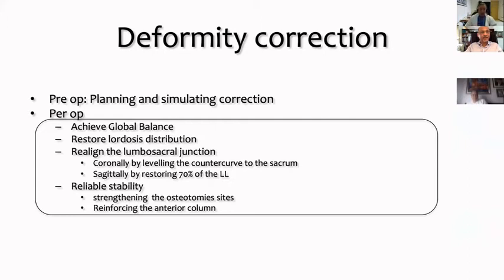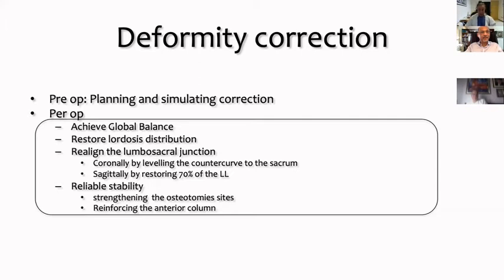First of all, global balance is an issue, but restore lordosis and the good distribution of your lordosis. Pay high attention to the lumbosacral junction. Look at your CT and your EOS to see if it's mobile or rigid, and what your capabilities are for realigning the lumbosacral junction.